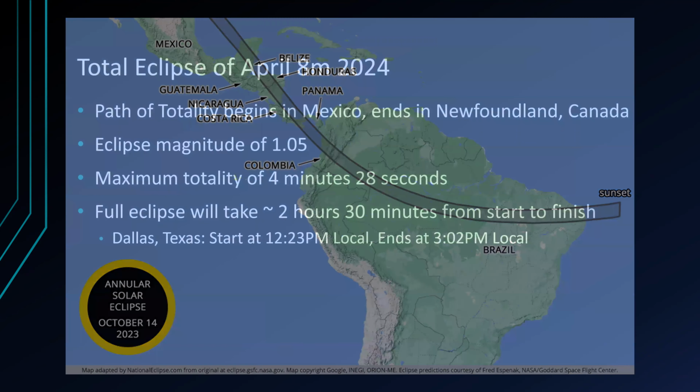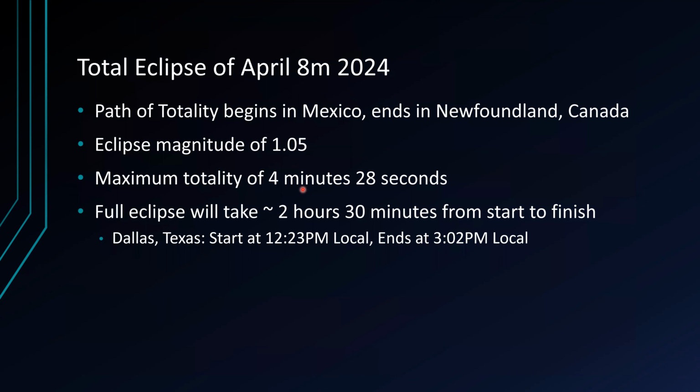The next eclipse, excuse me, that's a typo on my part, is the total solar eclipse on April 8th, 2024. This eclipse begins in Mexico, and it will end off the coast of Newfoundland, Canada.